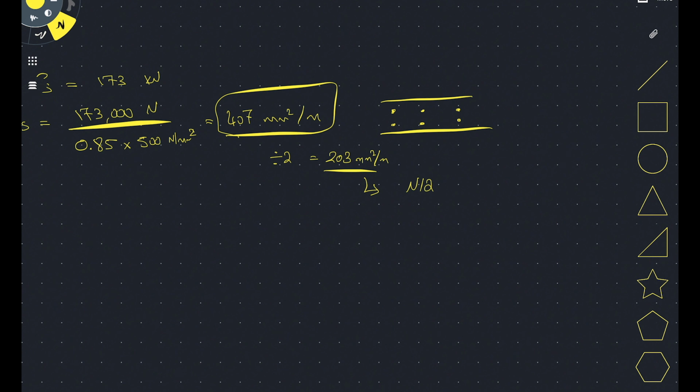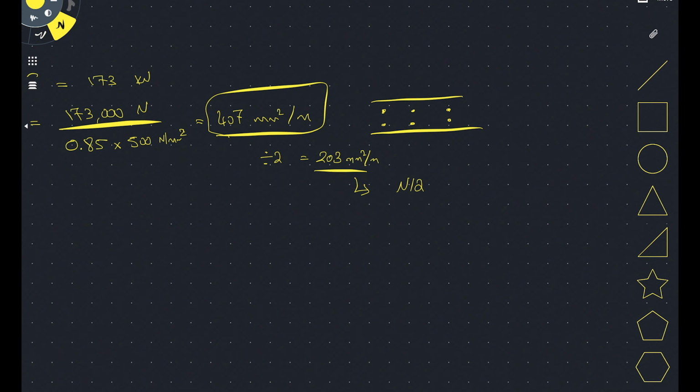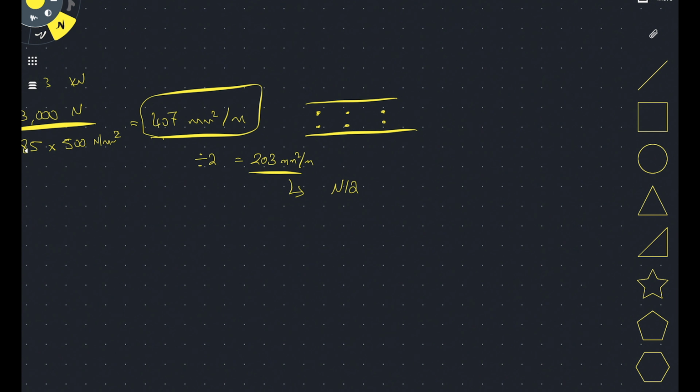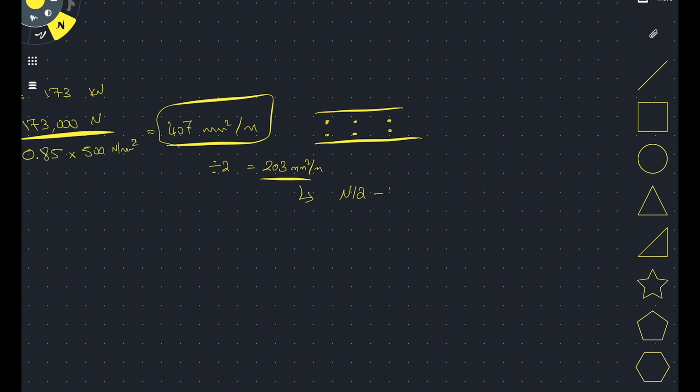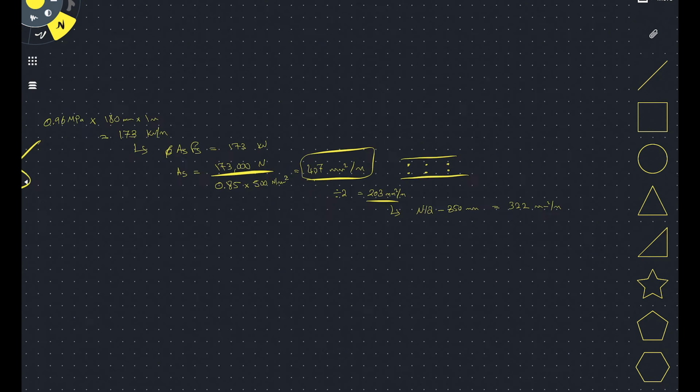Let's say the minimum N grade bars that you can use. If you're not sure, you need to use N bars in the lateral load resisting systems. So the smallest N bar you can get is N12s, and the maximum spacing is basically 350 millimeter centers. That will give me about 322 millimeters square per meter each face, and if I have times 2, that would get me back to the enough tension I need.